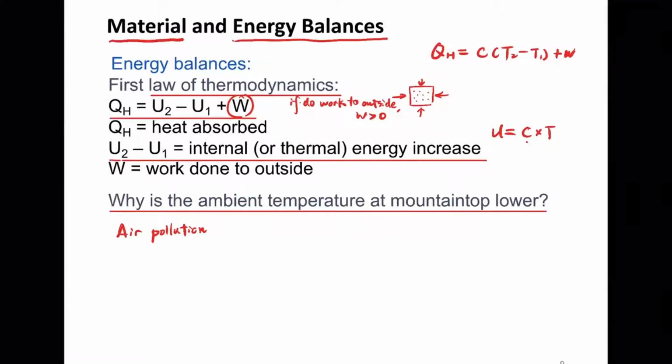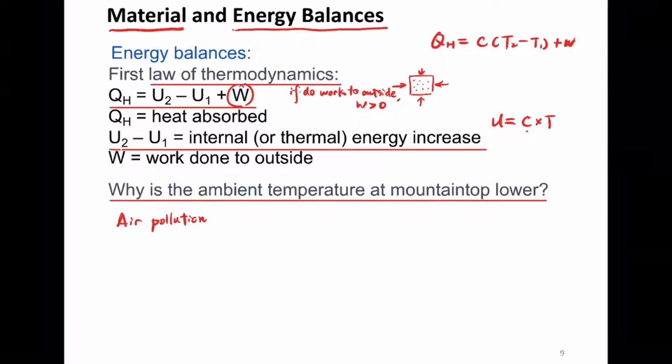So let's say this is the ground, right? Let's assume that there's the air part. So we know that the temperature is affected within the atmosphere, especially within the layer of air that's called the boundary layer.